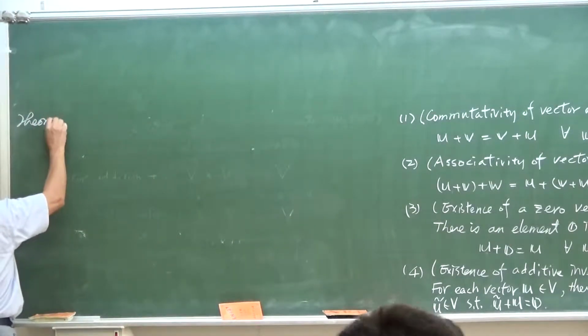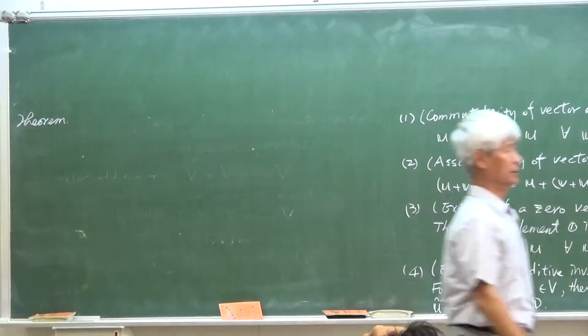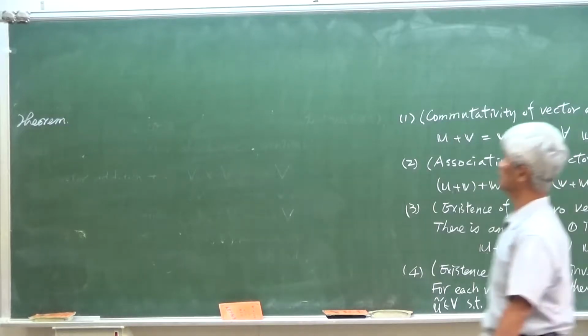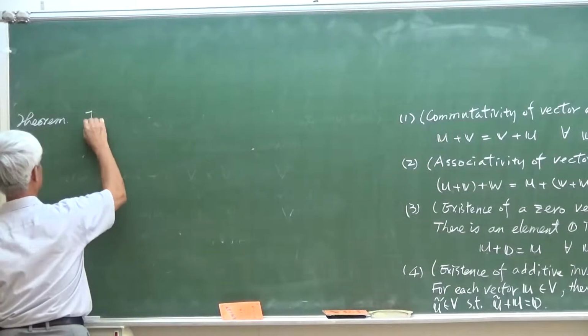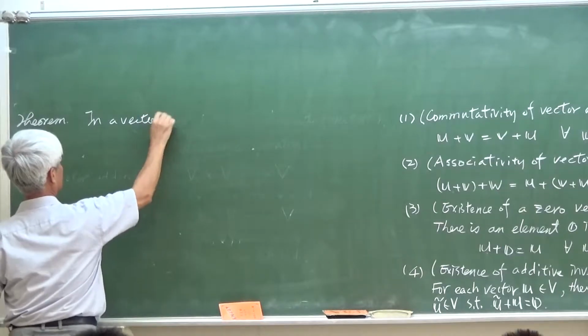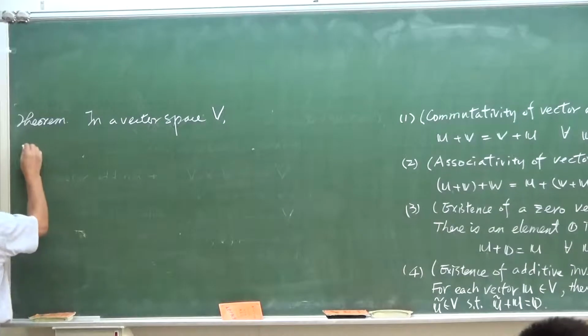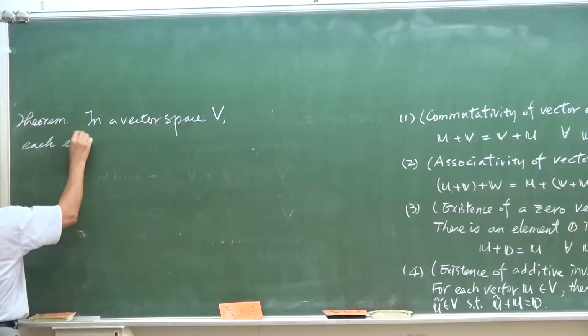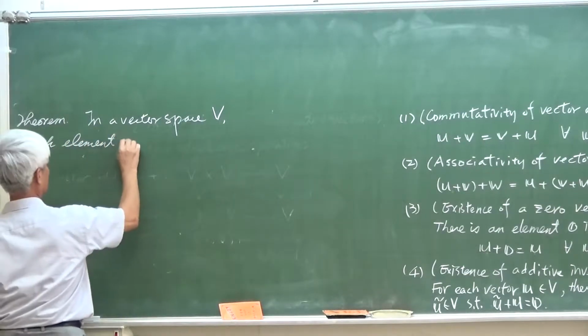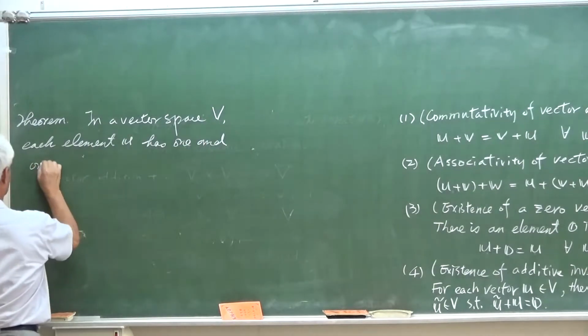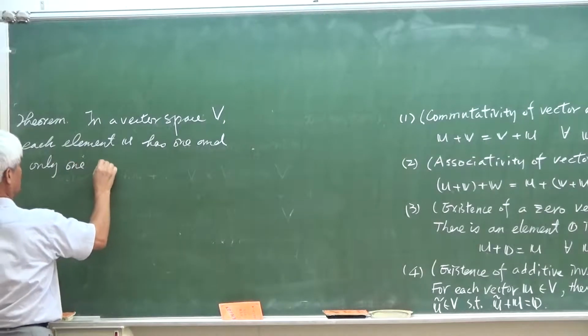Theorem. Alright, so the next theorem is that in a vector space, each element u has one and only one additive inverse.